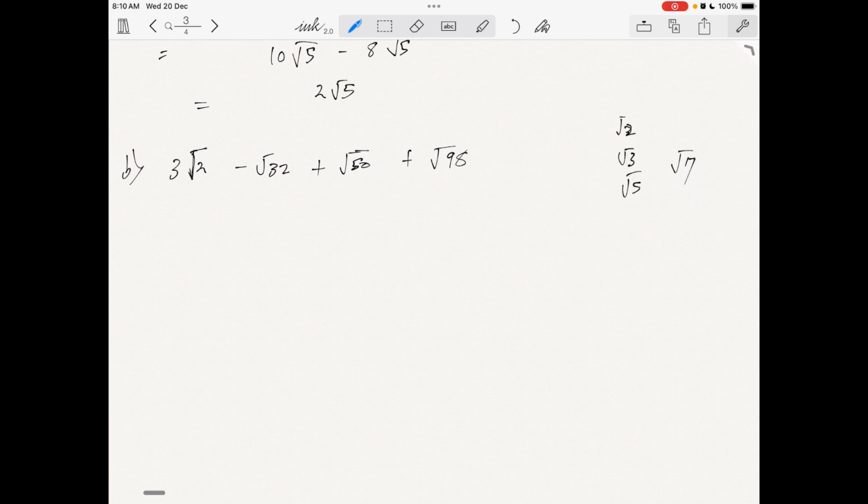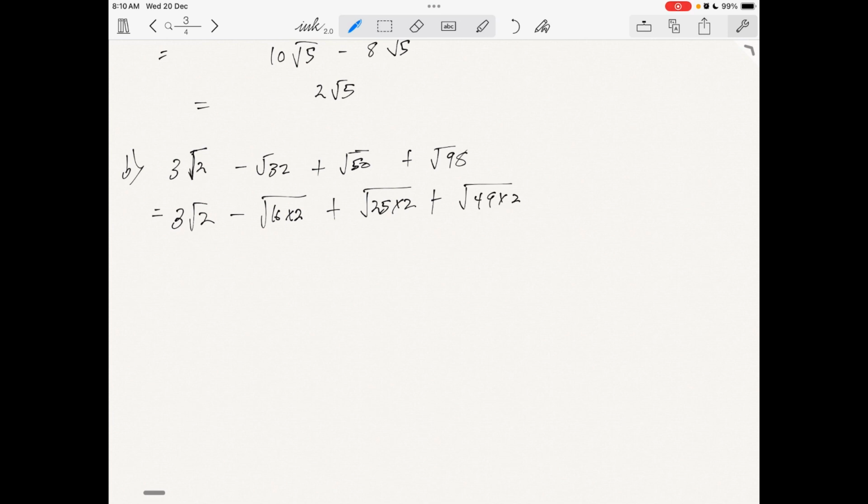So for this now, we are given it in terms of root 2, so we have to stick to root 2. So 3 root 2 minus root 32, 32 is 16 multiplied by 2, plus root 50, that's 25 multiplied by 2, and root 98 is 49 multiplied by 2.